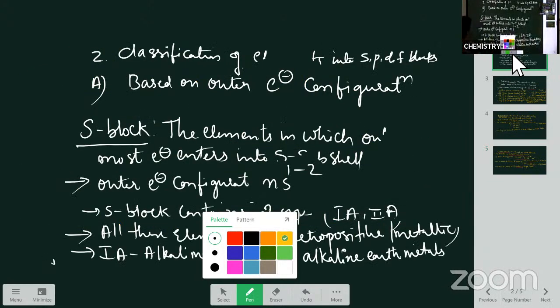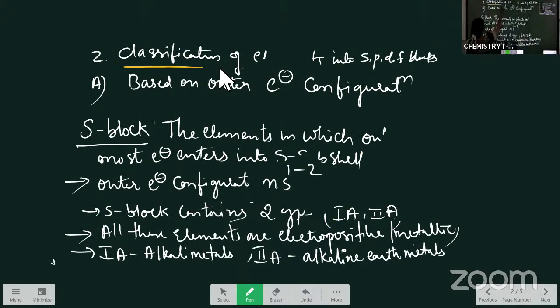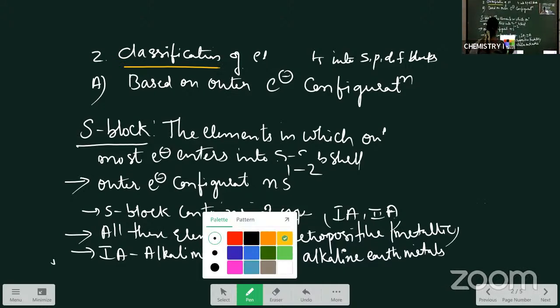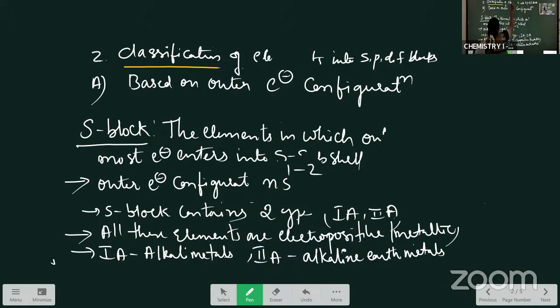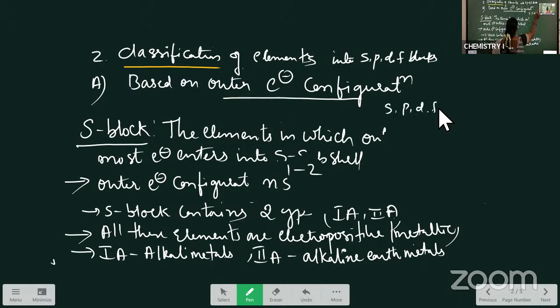We'll have a recap. Classification of elements into blocks. Based on what are the elements classified? Based on the outer electronic configuration, elements are classified into s, p, d and f block elements.